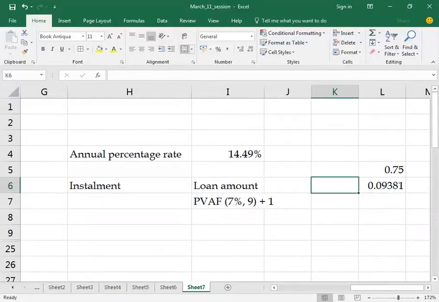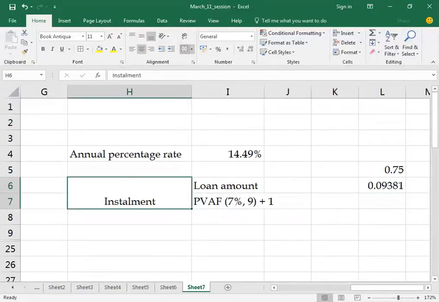So installment is loan amount by PVF. You can complete this. Please complete this.